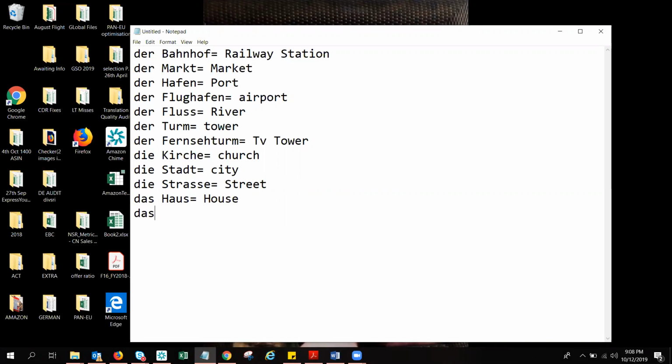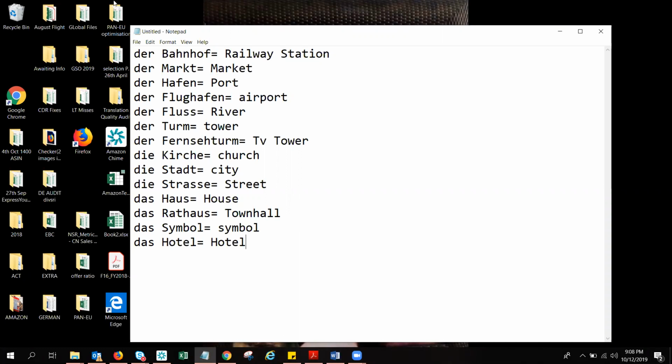Whenever you are using any word which has Haus at the end, it will be das. So Rathaus is town hall. Then das Symbol. Symbol is as in English. Then das Hotel. Hotel is hotel as in English. So these are the new nouns which we did yesterday in those texts.